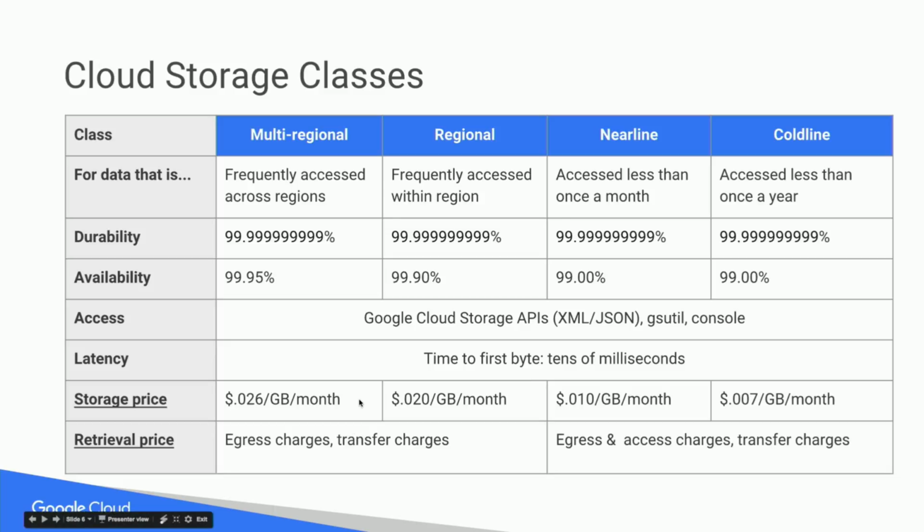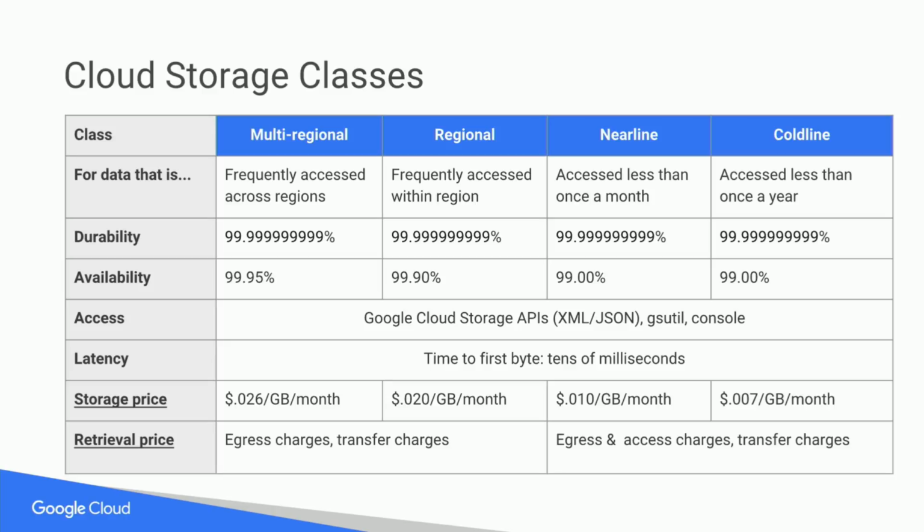So at the top end, the top shelf multi-regional storage class, you pay 2.6 cents per gigabyte per month. For regional, you get a discount. You pay 2 cents per gigabyte per month. Nearline, you pay half that. You pay 1 cent per gigabyte per month.